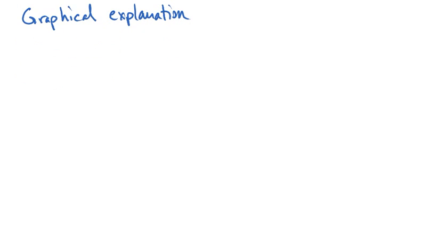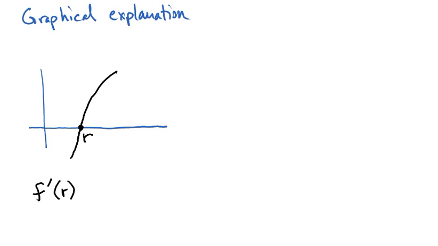Let's take a case where we have a function with f prime fairly large at a root. So there's our root r. And here f prime of r is quite large.